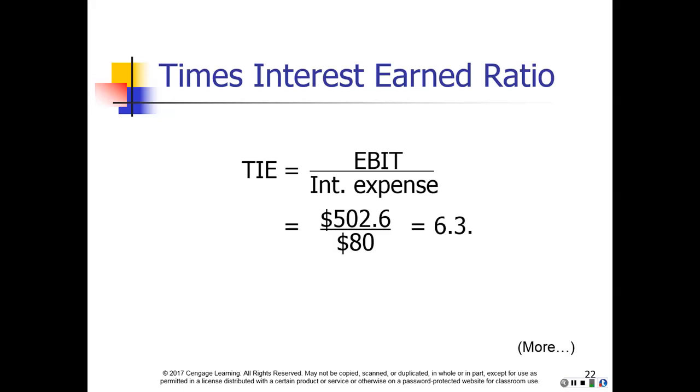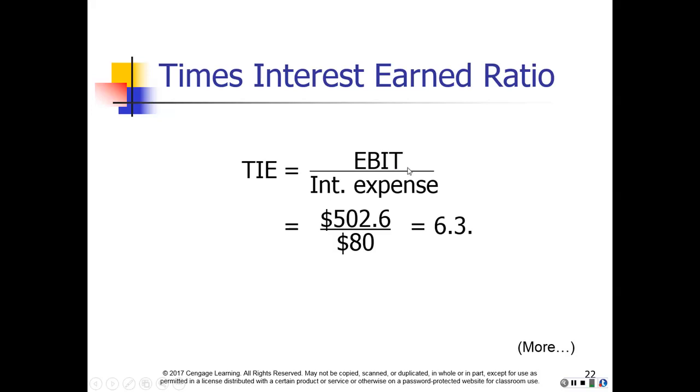So times interest earned tells us, after meeting our operating expenses from our sales, right? Sales minus all the operating expenses is earnings before interest and taxes, our operating profit. Is our operating profit enough to cover our interest expense?